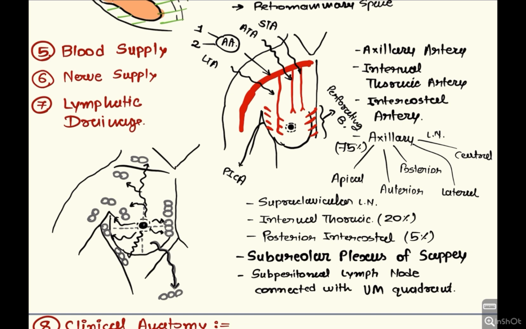The breast is supplied by the anterior and lateral cutaneous branches of the fourth to sixth intercostal nerves.